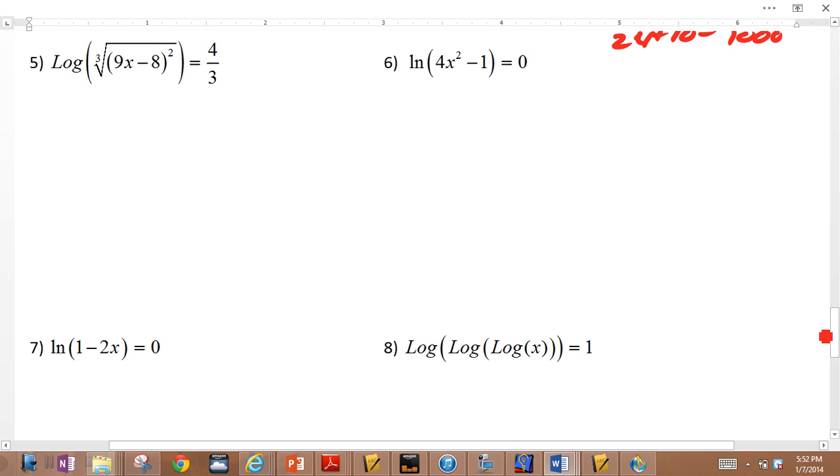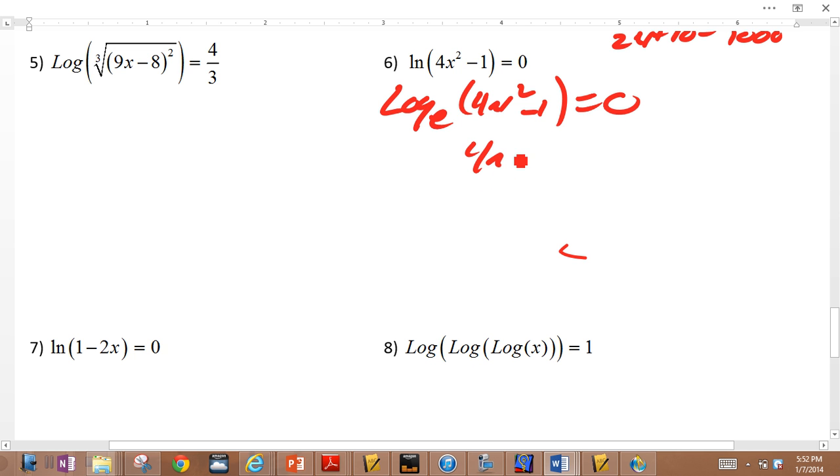Same issue is going to go over here. Some people had some issues with the last couple here. Okay, well, let's do number 6. This means what? This is log base e of 4x squared minus 1 is equal to 0. Convert it. 4x squared minus 1 equals e to the 0. Anything to the 0 is 1.